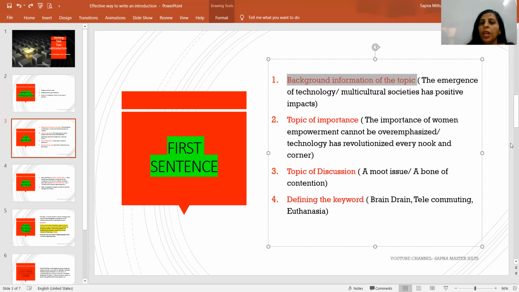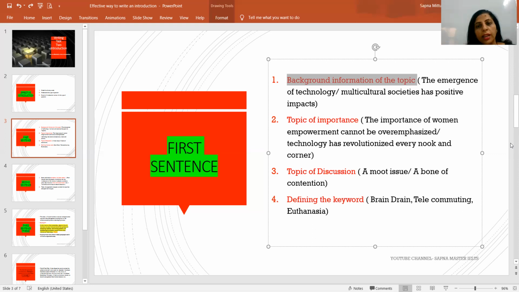It means the emergence of technology, or if the question is about multicultural societies, then the emergence of multicultural societies has positive impacts. So I have shared a word here and then you can use it.